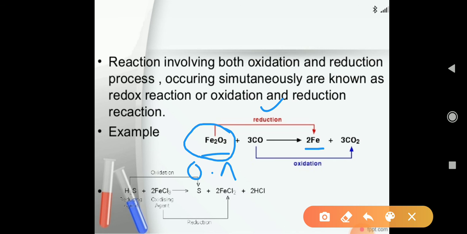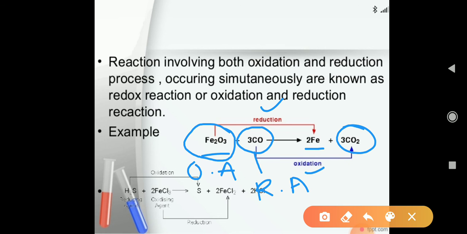So this is the concept of oxidizing agent and reducing agent. Okay, whose oxidation takes place is the reducing agent and whose reduction takes place is the oxidizing agent.